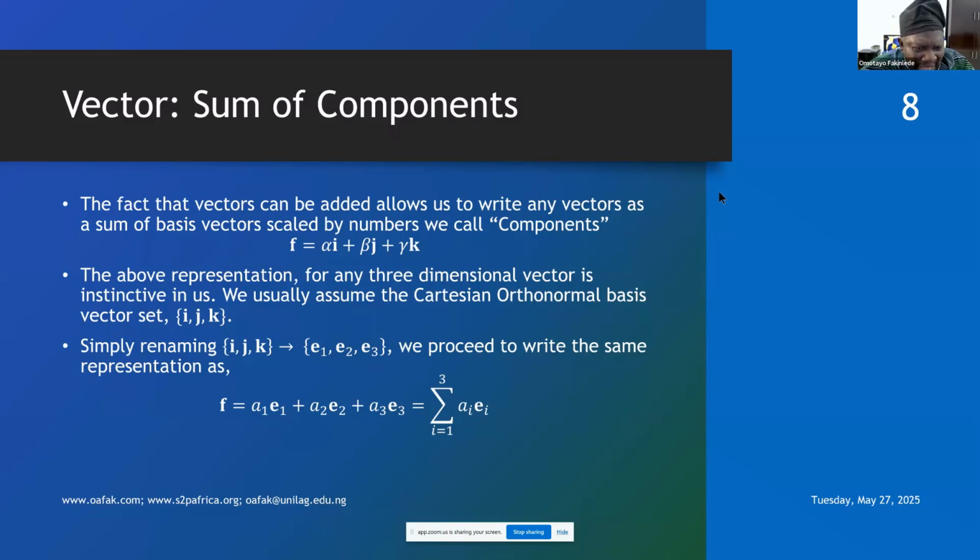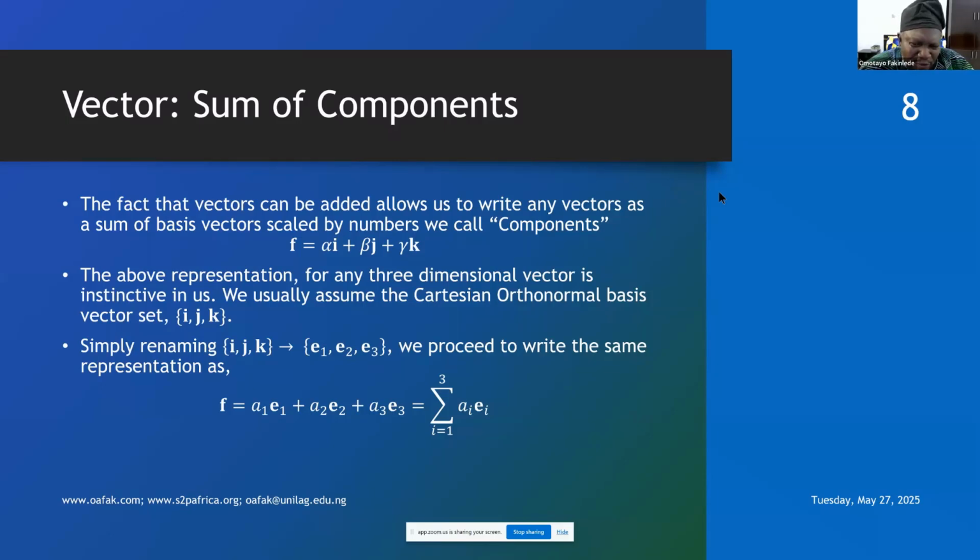Simply renaming i, j, and k as e1, e2, and e3, we proceed to write the same representation as a1 e1 plus a2 e2 plus a3 e3. Here now, e1 is playing the role of i, e2 is playing the role of j, e3 is playing the role of k, but with the advantage that if we are to have more vectors, we just increase the number of e's.